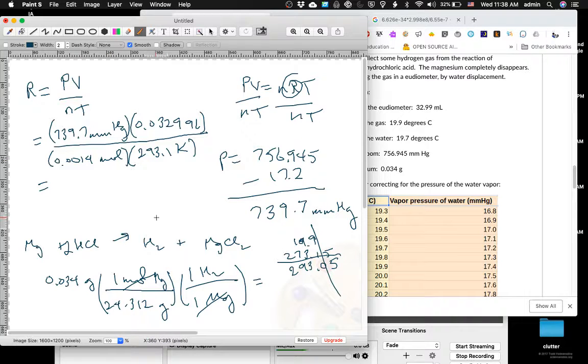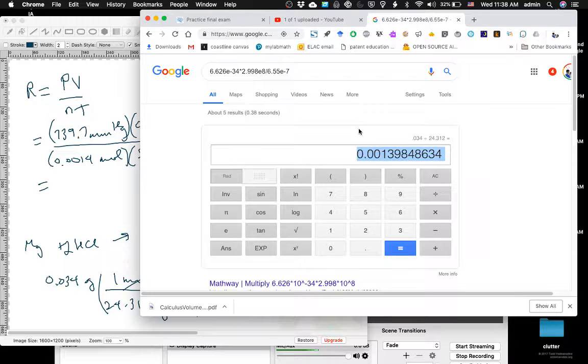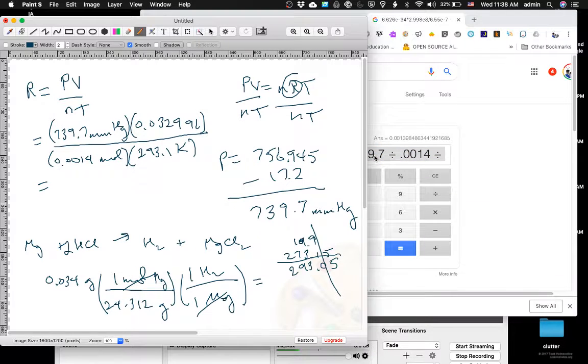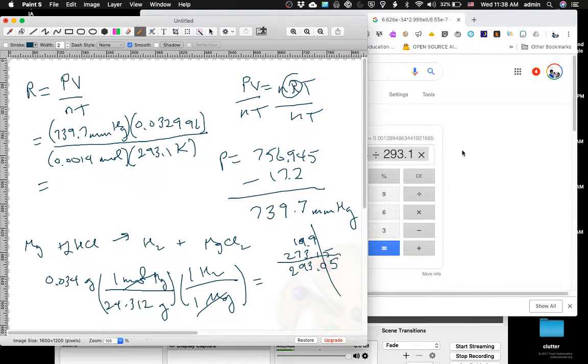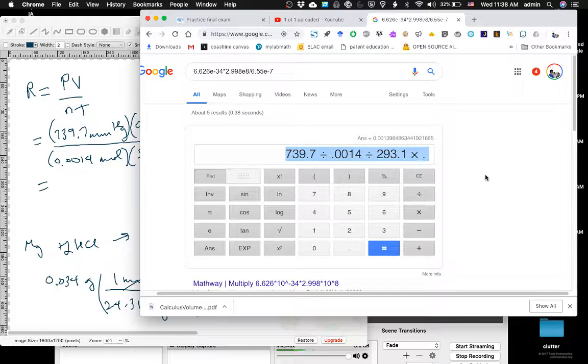All right, so the theoretical R is 62.4, so the answer should be close to 62.4. Let's see. What was this again? 293. What was the volume again? 0.03299.